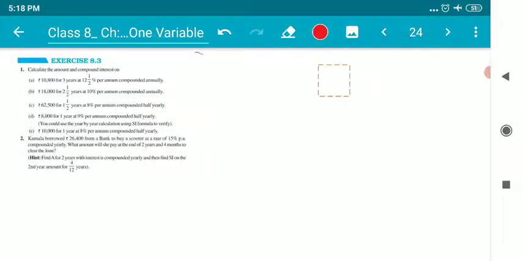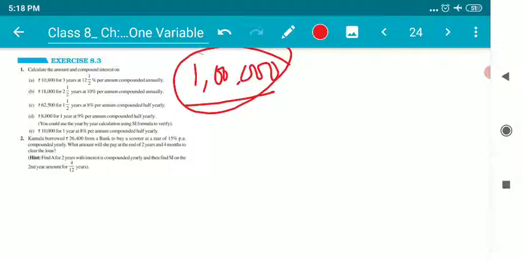Okay, children, for an example, suppose I need to build a house or buy a vehicle. So I need some amount which I do not have at this moment. The amount is, suppose, 1 lakh. I need this amount in order to get a car.